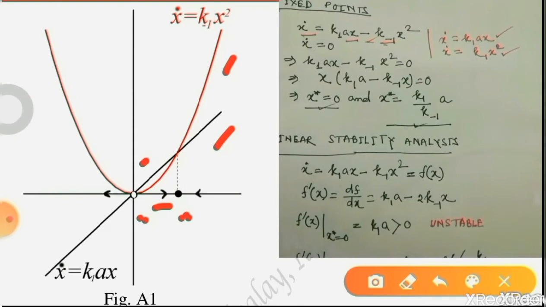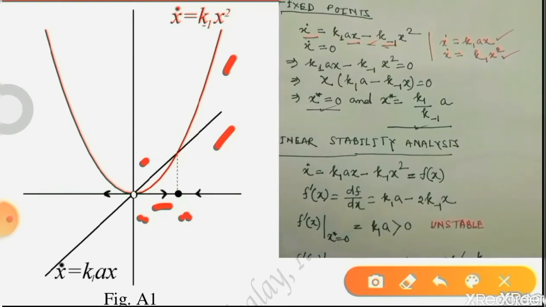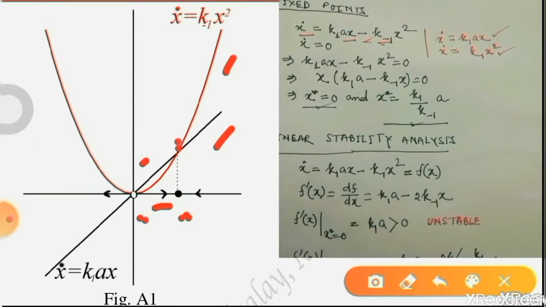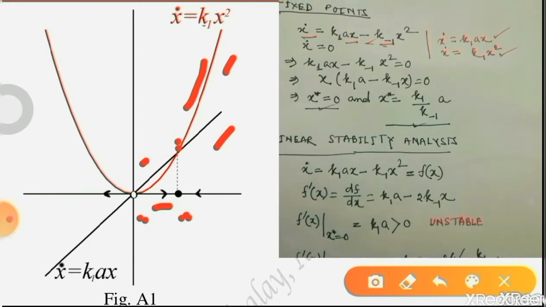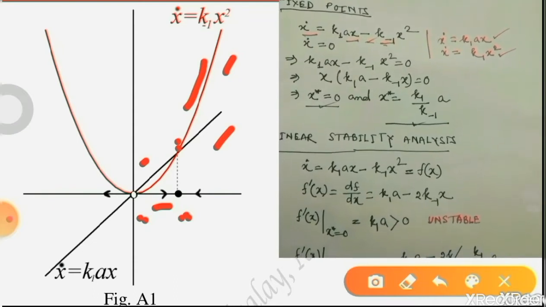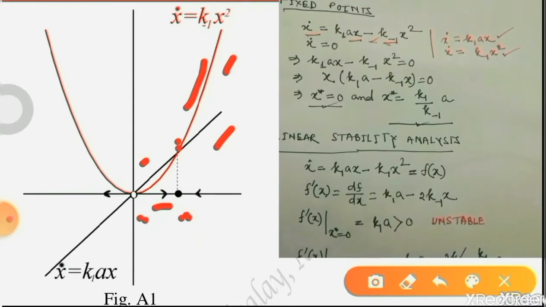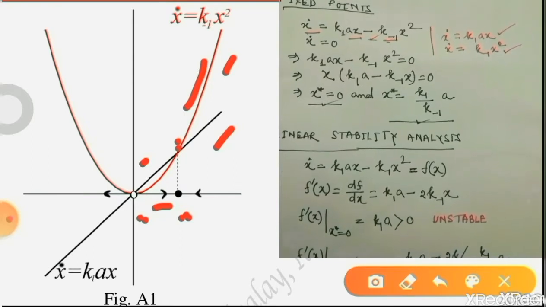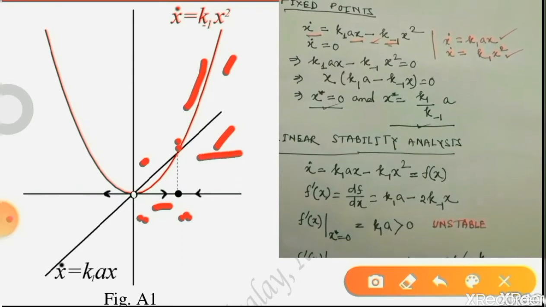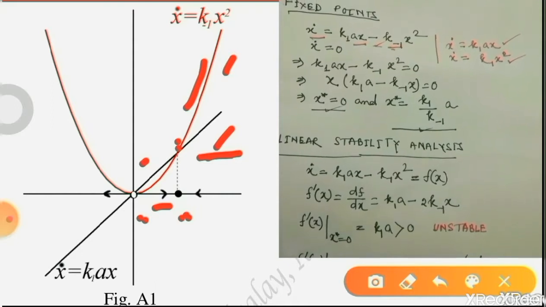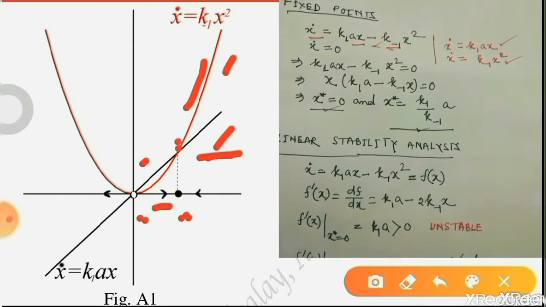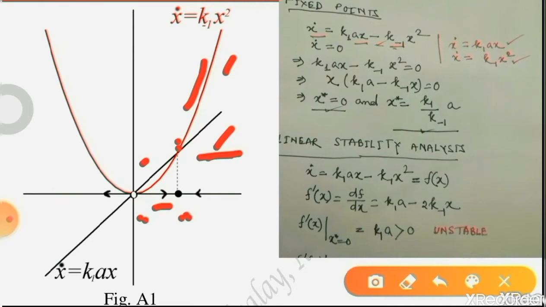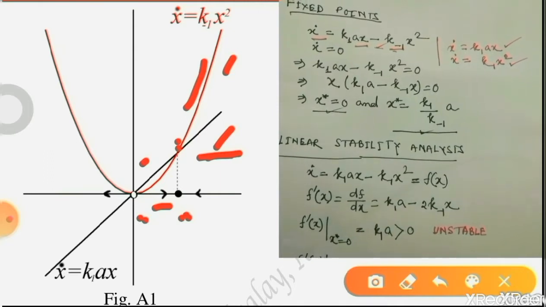And beyond this point, the parabola lies above the straight line. And as x dot is the value of the straight line subtracted by the parabola, in this part x dot is less than 0, that is x dot is negative, and since x dot is negative, the flow will be towards the left direction.